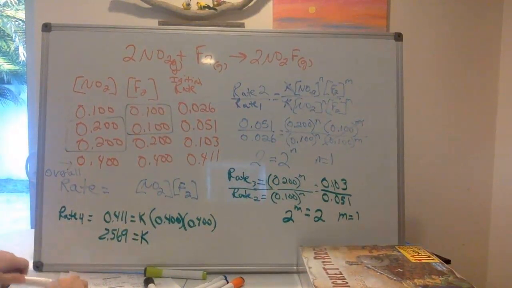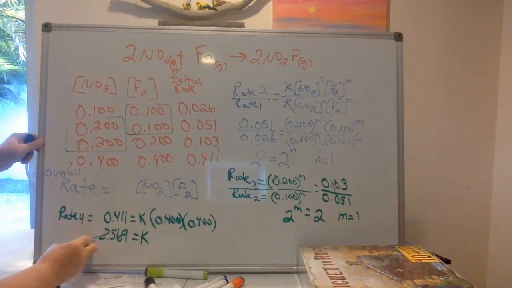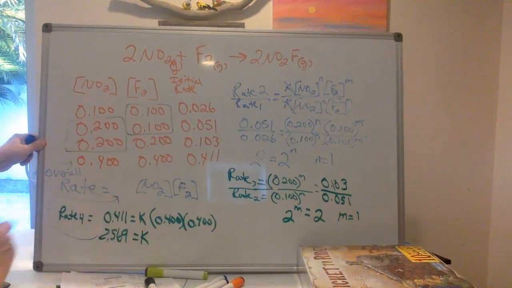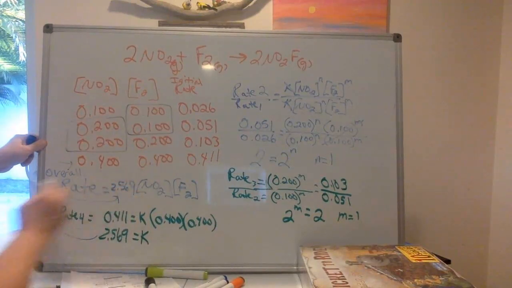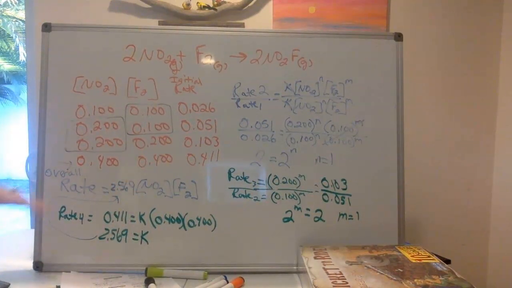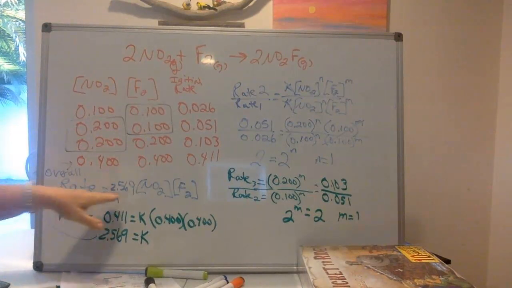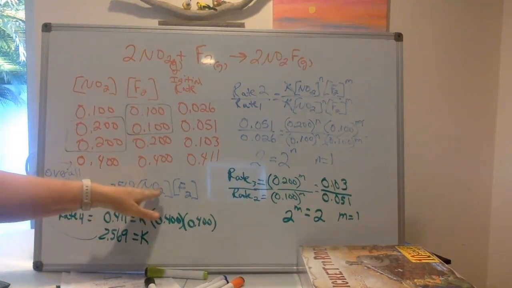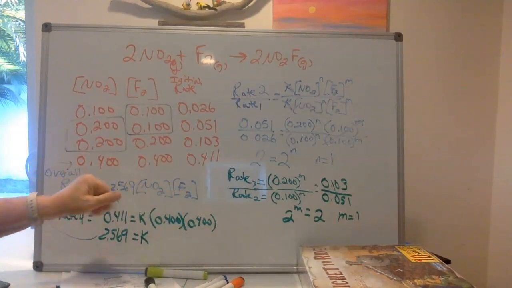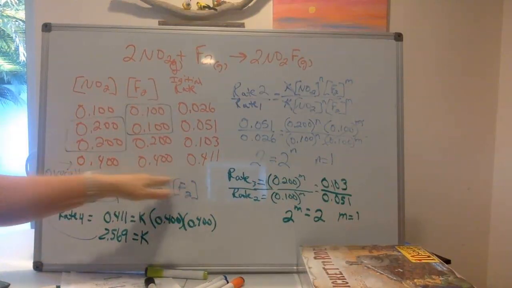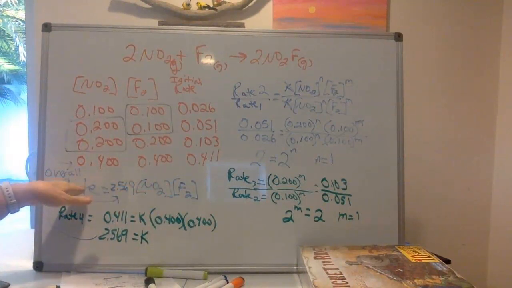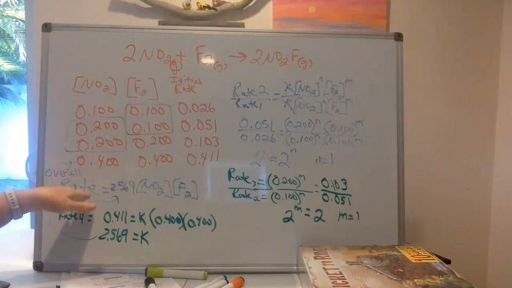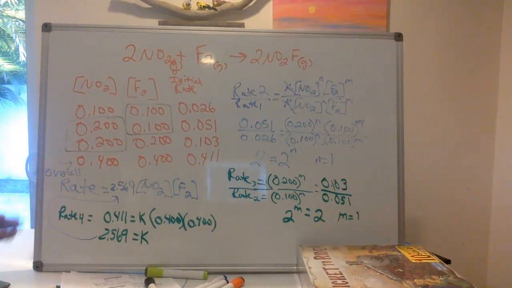So then we're going to take this K and plug it into this equation. 2.569 is K. So I can discover the rate of any concentration of a reaction between NO2 and F2 by finding the concentration of each of these and multiplying it by the rate constant, and that will give me the overall rate of this.